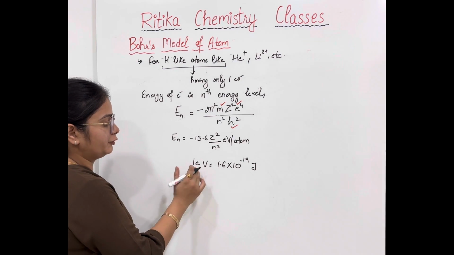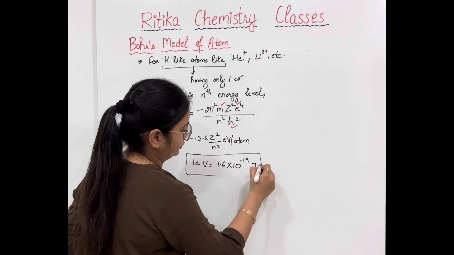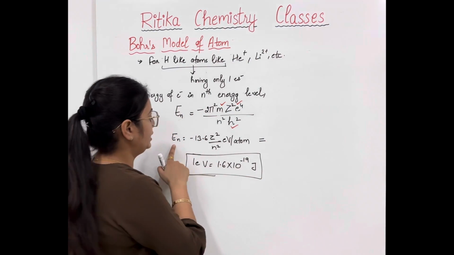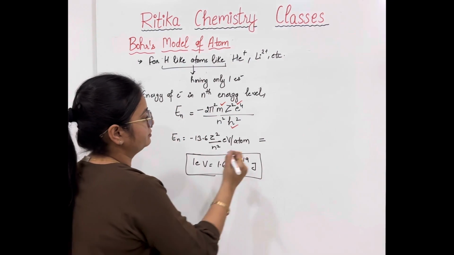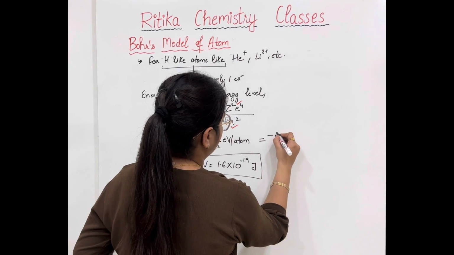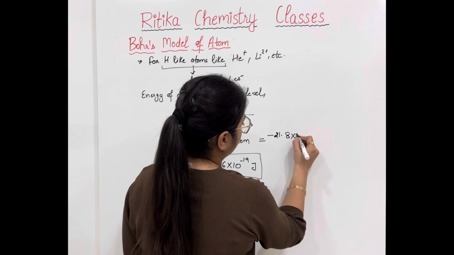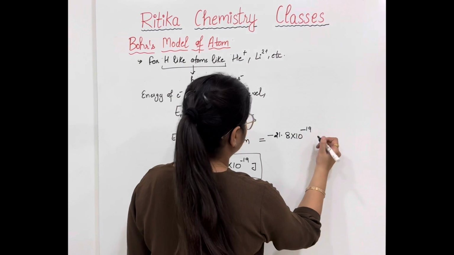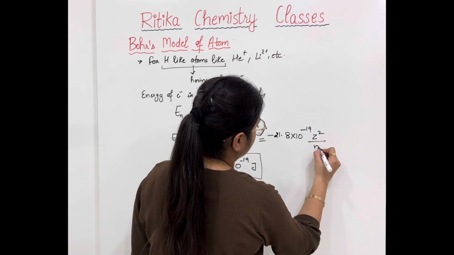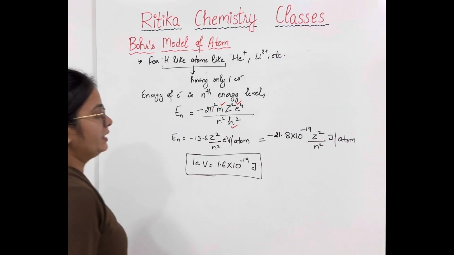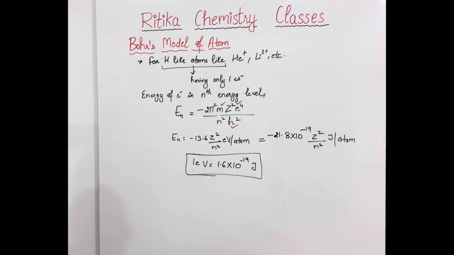This is the relation between electron volt and joule. So the energy of the electron in the nth orbit becomes minus 21.8 into 10 to the power minus 19 Z square upon n square joule per atom.